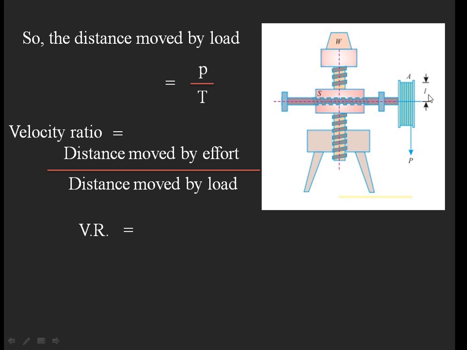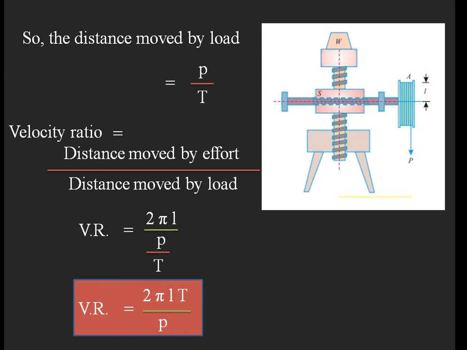L is the radius, so 2 pi L is the distance covered by the wheel during one revolution, divided by the distance moved by the load, which is P by T. Modifying the equation, we get 2 pi L T by P, which is the velocity ratio for the worm geared screw jack. Remember this velocity ratio, 2 pi L T by P.